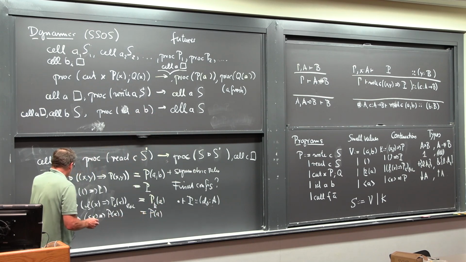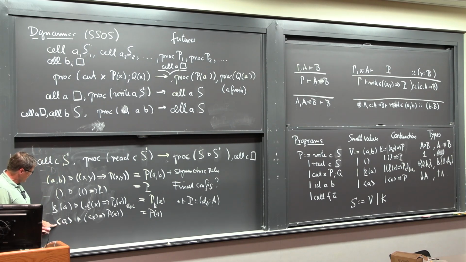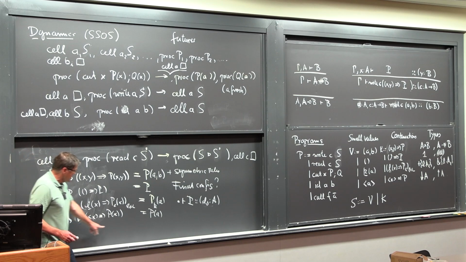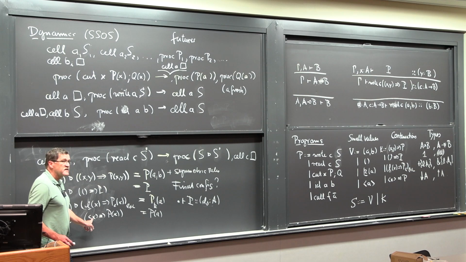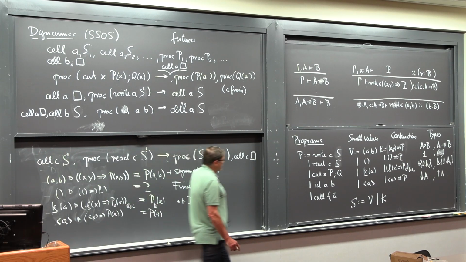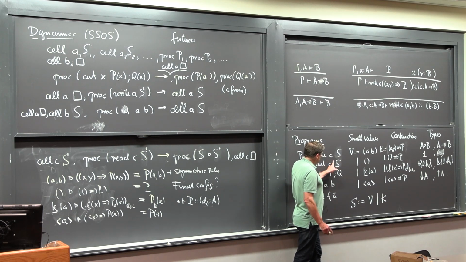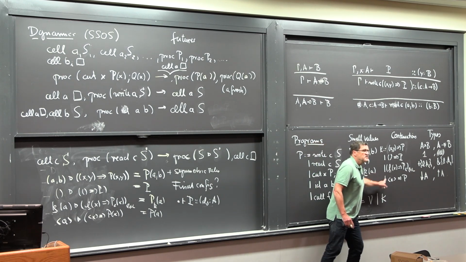So the only thing I need is this last line here, which says if the value that we read is an address and the continuation expects an address, then we plug that address in for x. So it's already on the board in some sense. You don't really need anything more. So it's just these cases here where the storables are one of these two things.